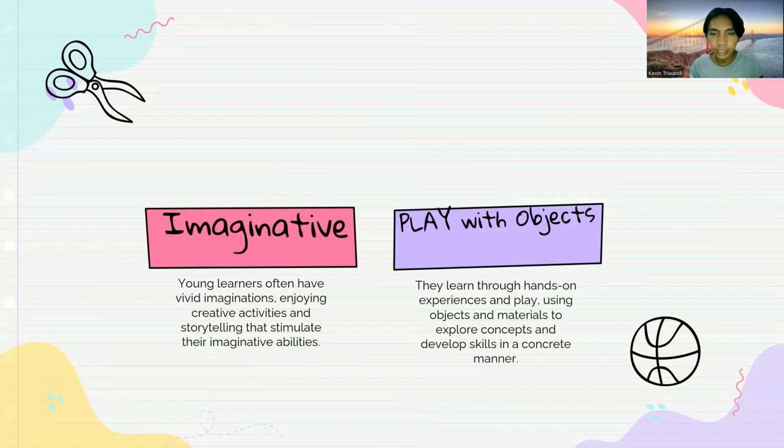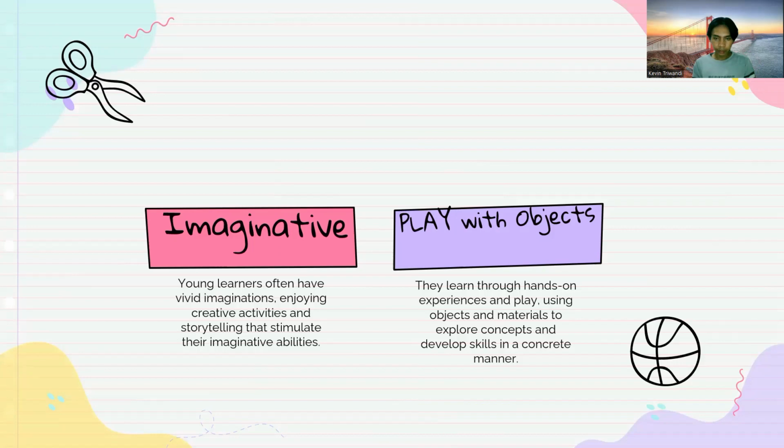So for the next, I think it's the last, play with object. As a teacher, you get to know that young learners like to bring or use some kind of items in the classroom. We can utilize it to have fun learning in the classroom.